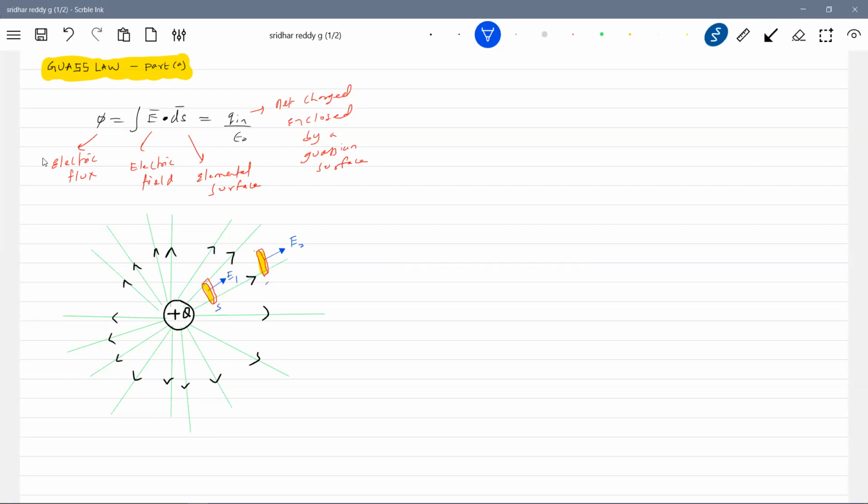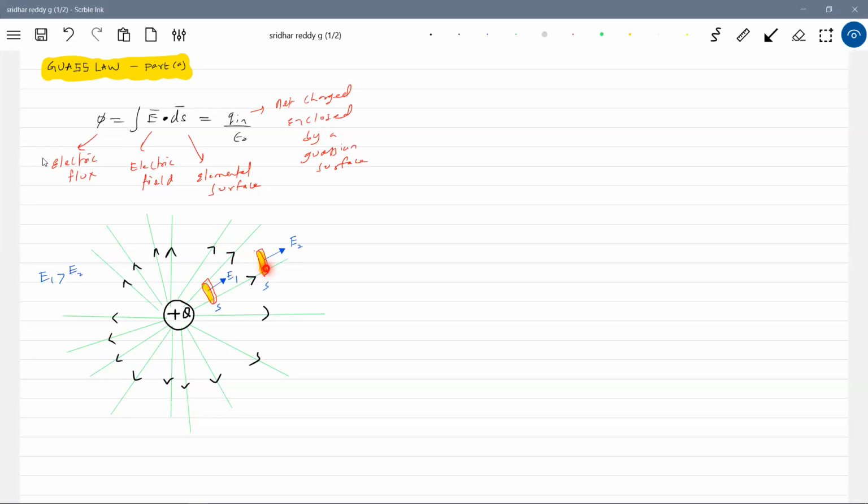Let the surface area be S. Can you say anything about the electric field strength? At 1 it will be greater than at 2. And look at the number of lines of force: more lines of force pass through the surface at 1 than at 2.